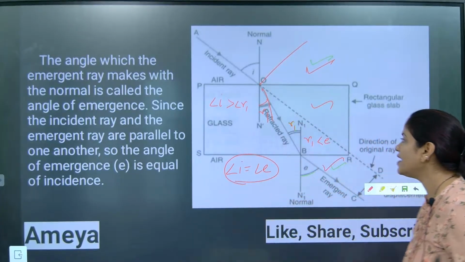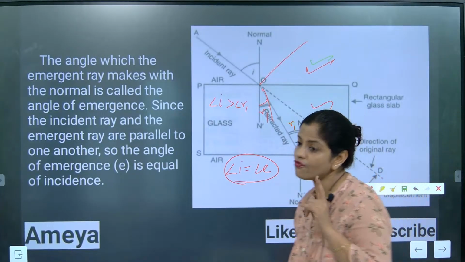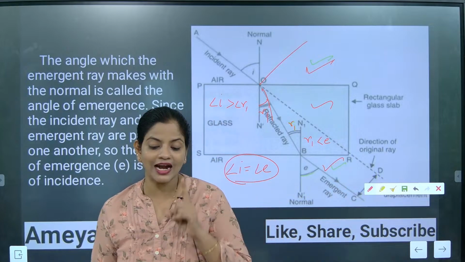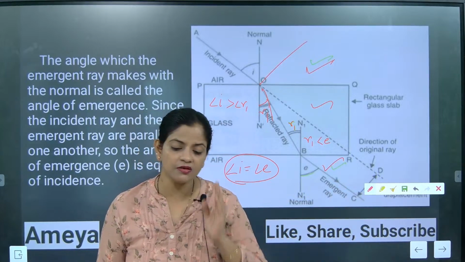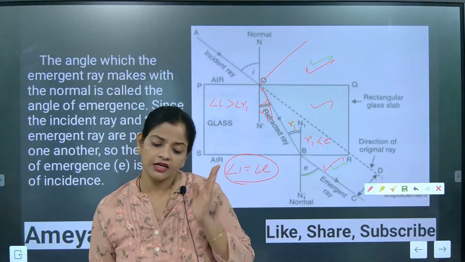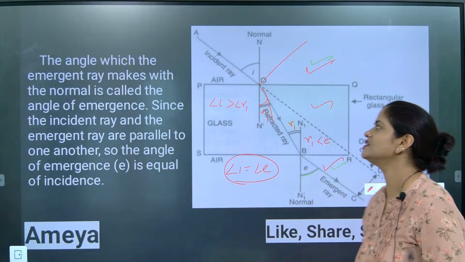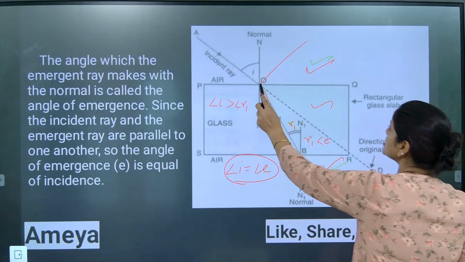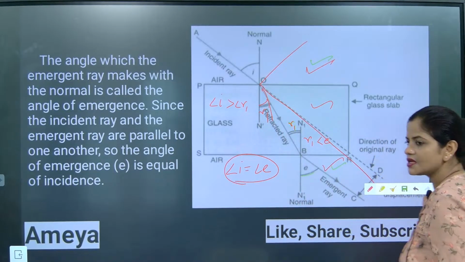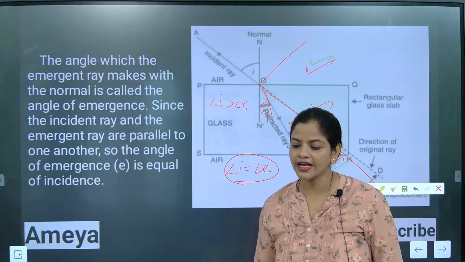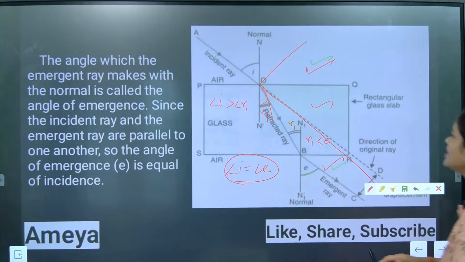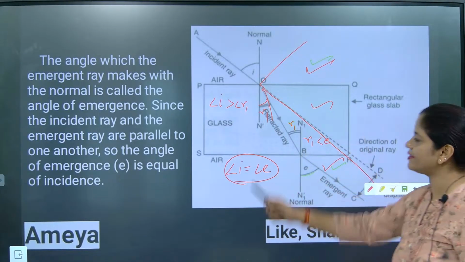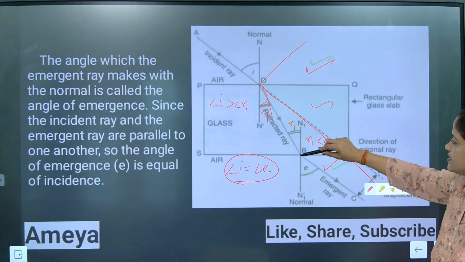Understood? But beta, there is also one more thing here, called lateral displacement. What is the meaning of lateral displacement? Lateral displacement occurs because this is our expected travel, but the light ray is not traveling like this. It bent and came out like this.